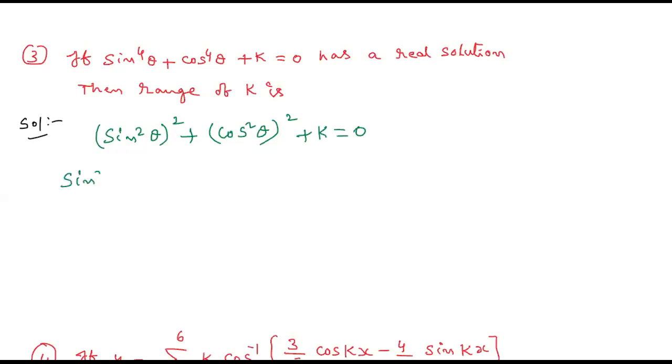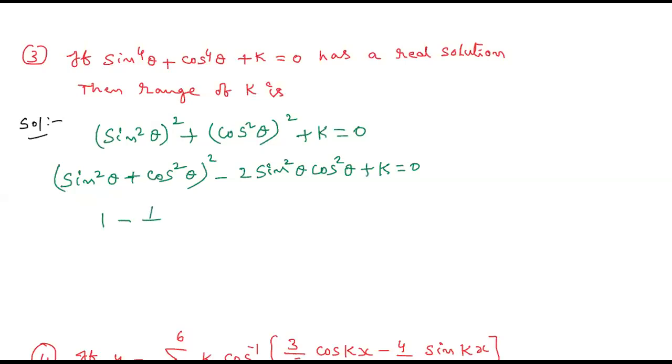So what is the formula? (a plus b) whole square minus 2ab. So (a plus b) whole square minus 2ab, that means 1 minus 2 sine square theta cos square theta plus k is equal to 0. Here we already know that sine square theta plus cos square theta is 1, and 1 square is 1.